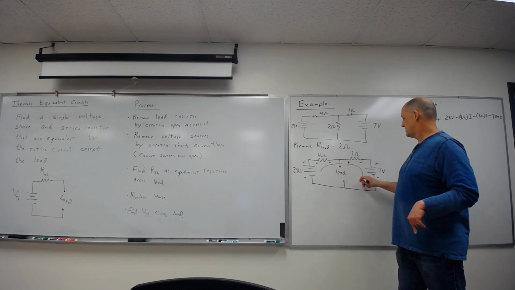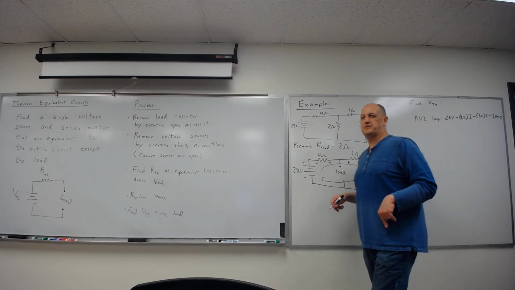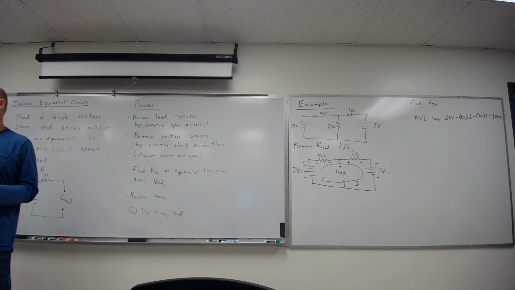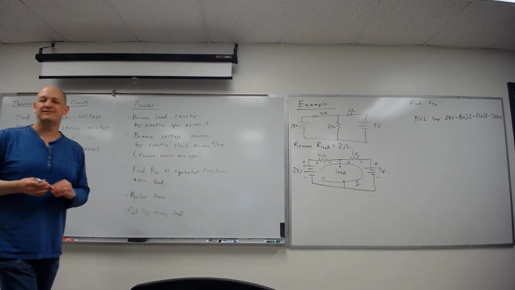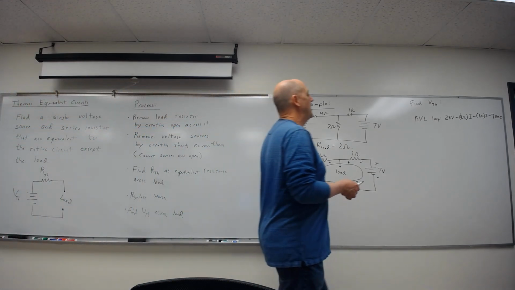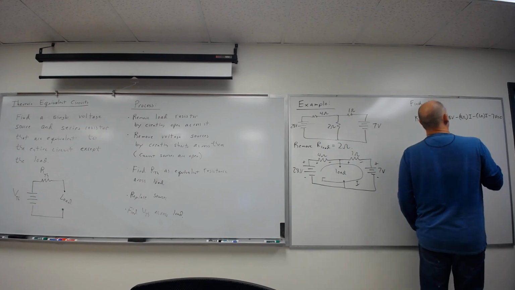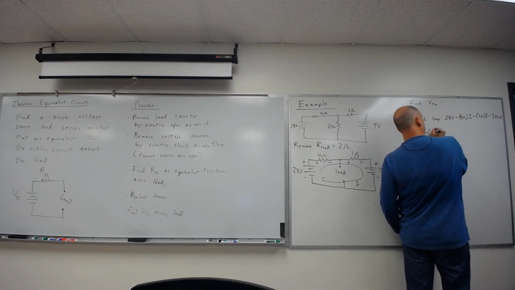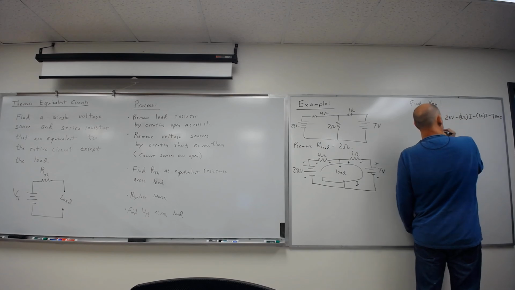I drew that current to go like this, right? I didn't switch up my colored markers here for when I'm solving. All right, I will drop my units up here just to make the math easier. 28 volts minus 7 is 21. Minus 4 minus 1 is minus 5.